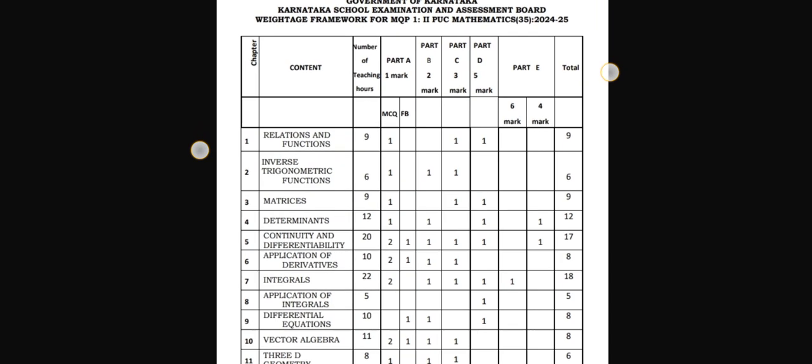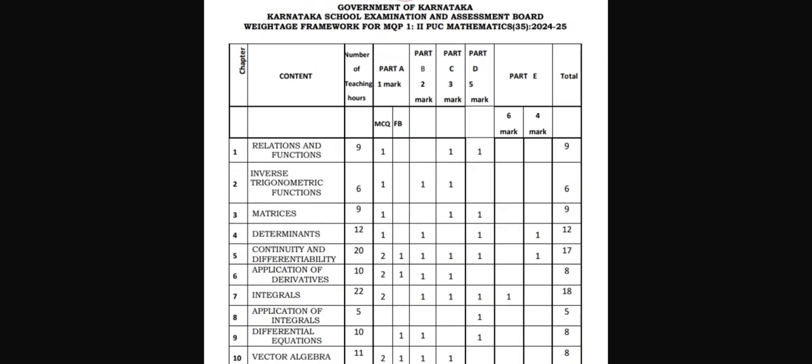Here the part A contains 20 questions. 15 questions will be multiple choice based questions and 5 marks is fill in the blanks questions. Here there is one compulsory MCQ question from relations and functions.